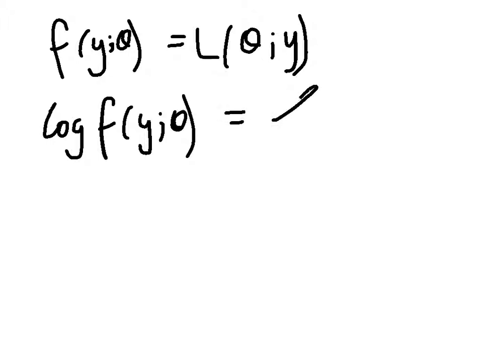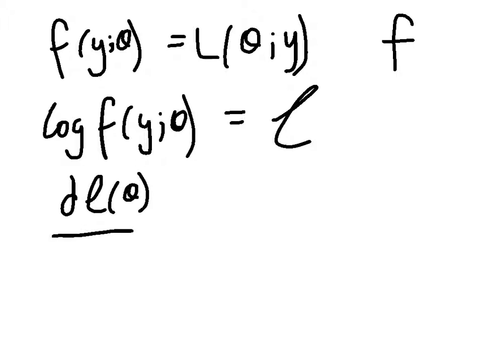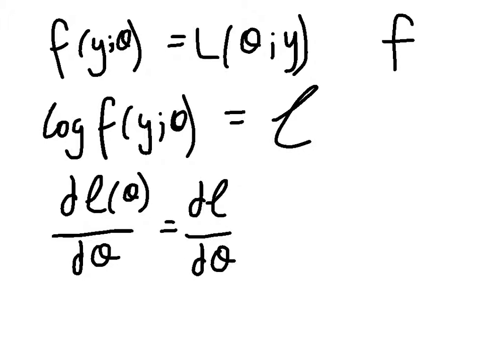So if we denote a log likelihood by a script L, and a density function by a lowercase f, then the differential of the log likelihood with respect to theta, which we may, depending on space, abbreviate to dL d theta, is what's called the score equation, S of theta.